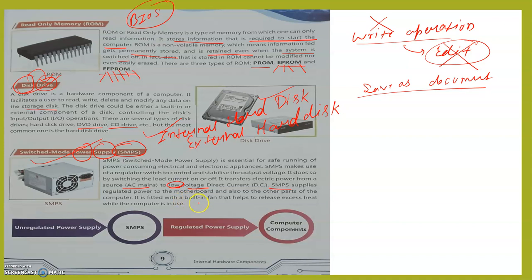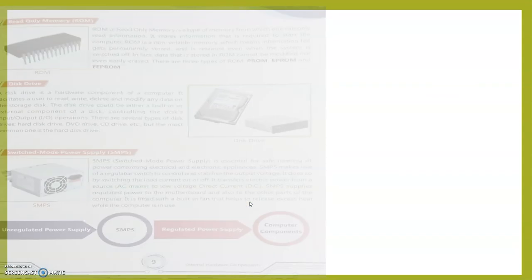It is fitted with a built-in fan that helps to release excess heat while the computer is in use. Clear? So SMPS is essential for safely running power consuming electrical and electronic appliances. It is basically used for your computer system, so that your computer system will run in safe mode, nothing else. So that is the purpose of SMPS.